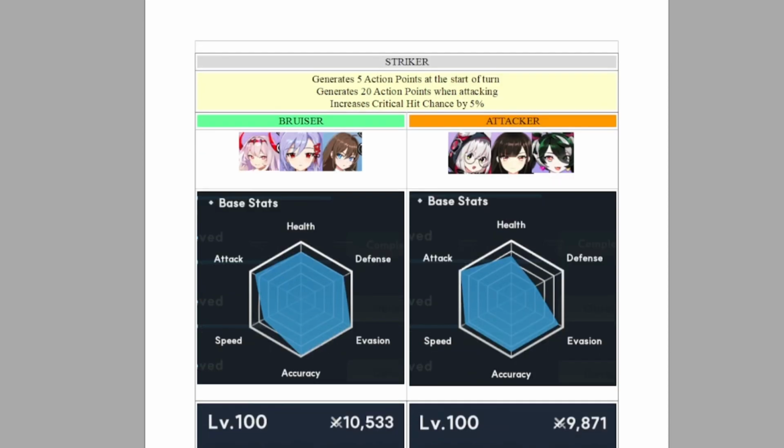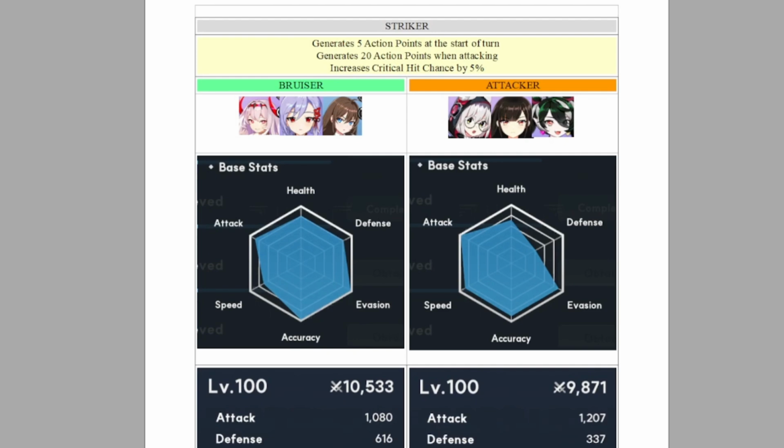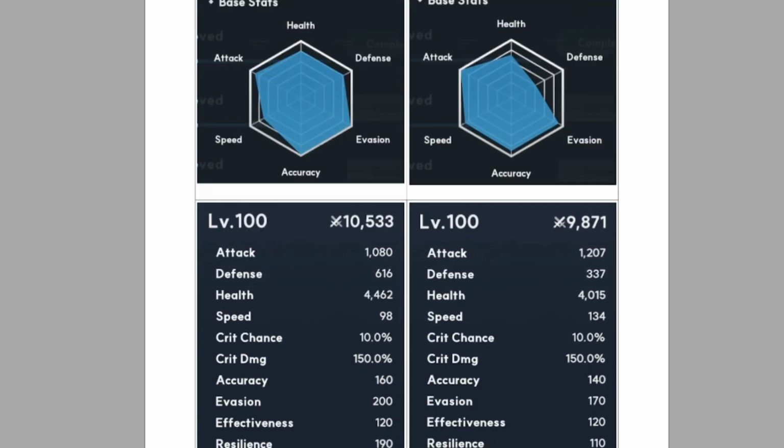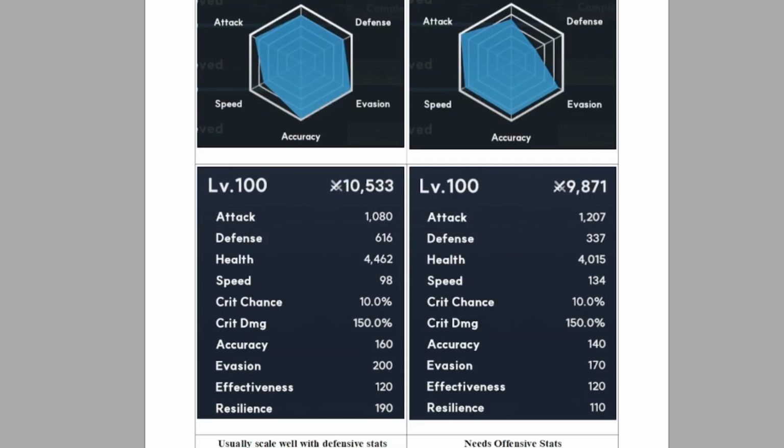You will understand it here with the base stats shown that the bruiser has far better defense capabilities than the attacker, but the attacker has far higher speed and attack, right? So this is the big difference of the subsets, and you can see it in the level 100 maxed out stats.